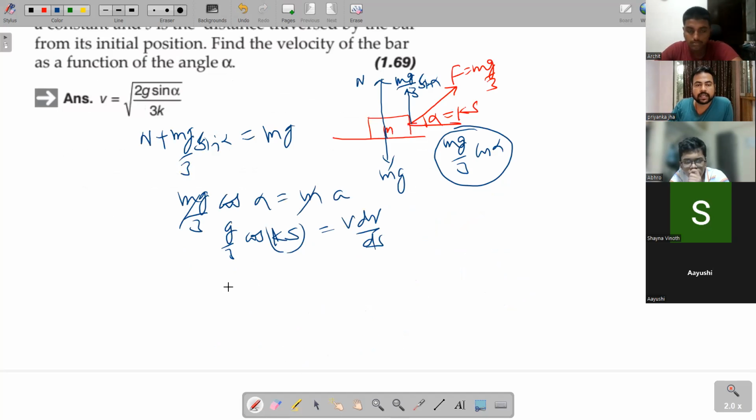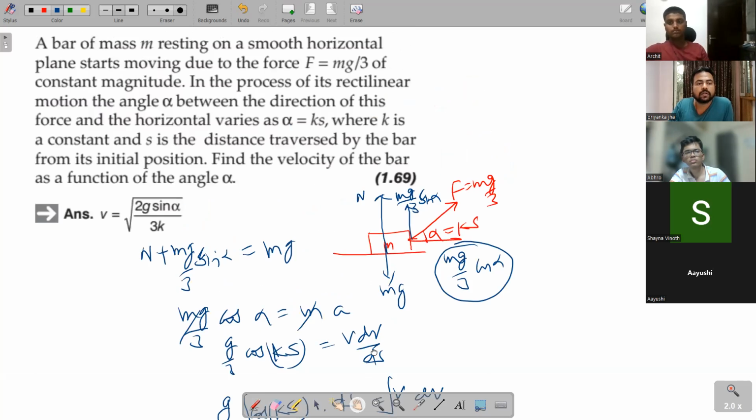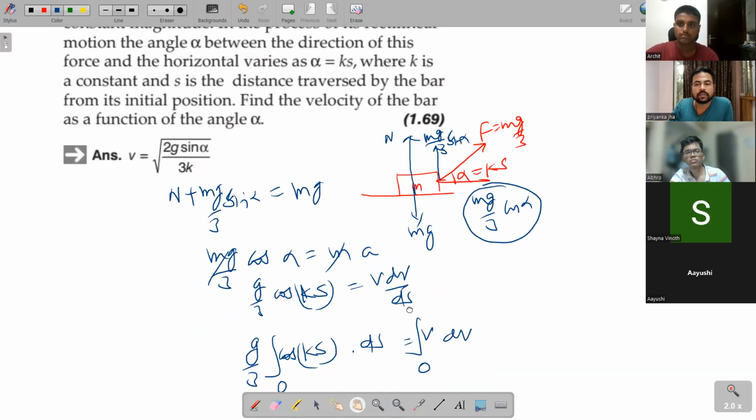Now just multiply and integrate: g by 3 cos ks into ds equals v dv. Integration: initially it was at rest, so velocity was 0, distance was 0. After some time, as a function of angle alpha. Okay, one minute.